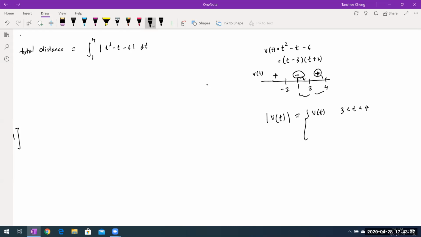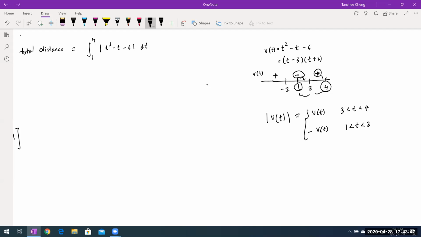However, we need to make it negative v of t when it is between 1 and 3, because our limit is from 1 through 4.